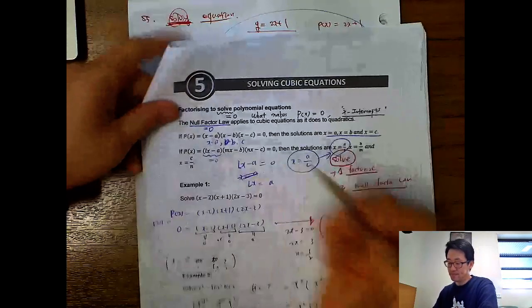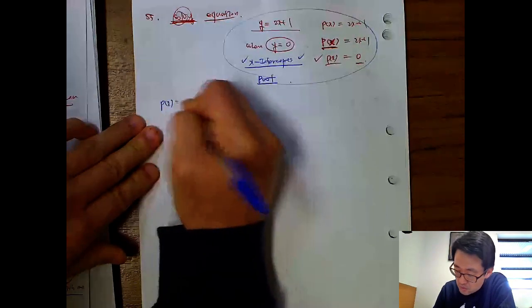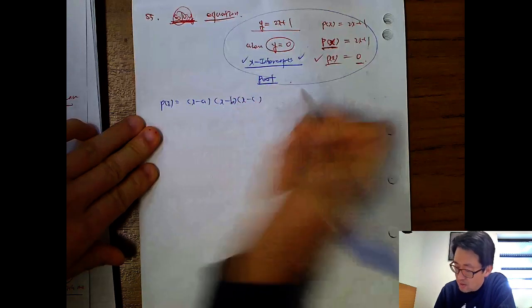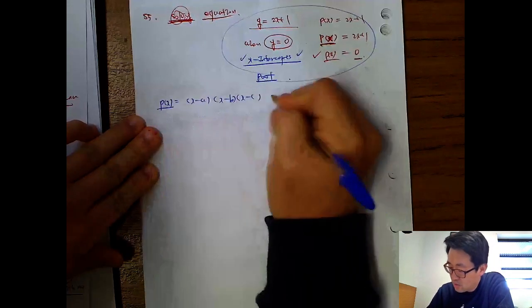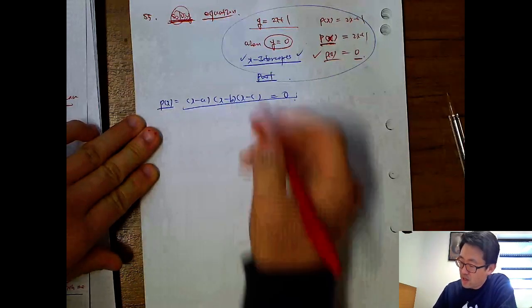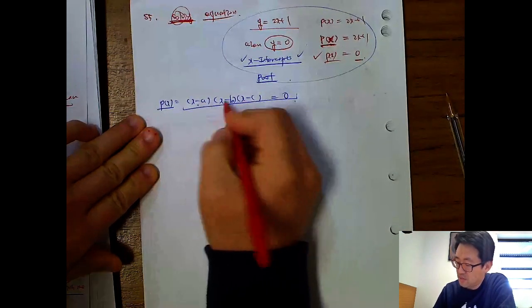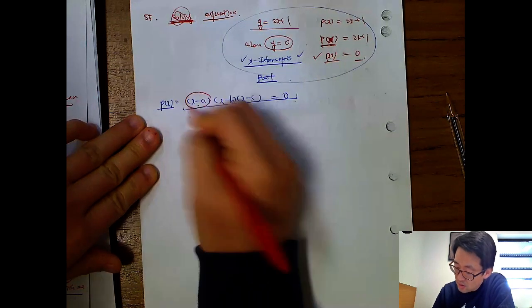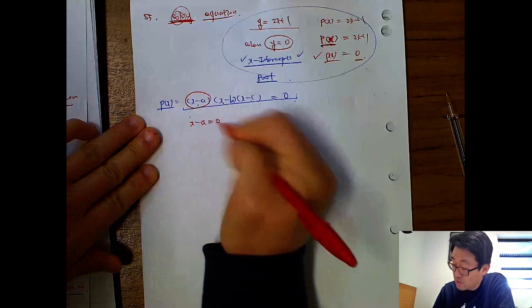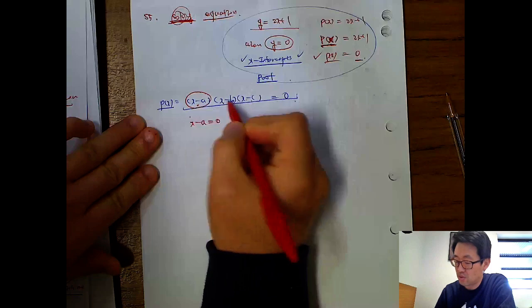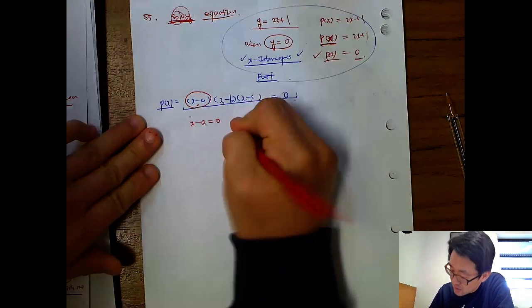So if, I'll write it down, P(x) equals (x minus a)(x minus b)(x minus c), and that P(x) equals 0, that means we get this equals 0 when x minus a equals 0, because if that is 0, I will make everything 0. 0 times any number is going to be 0.